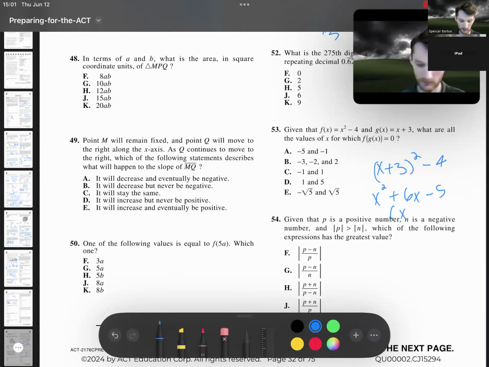Oh, that's not easy to factor. Plus or minus square root of 36 minus 4AC is plus 20, divided by 2. 36 plus 20. Oh man, that is a lot of work. Later.